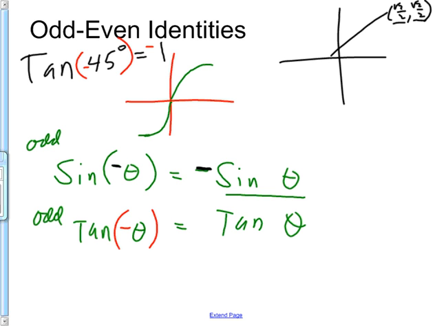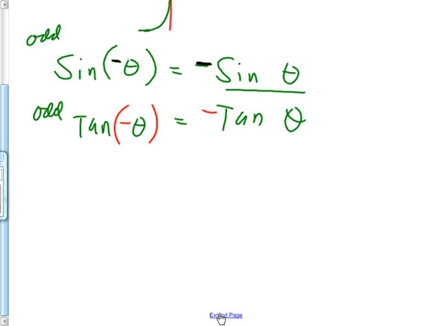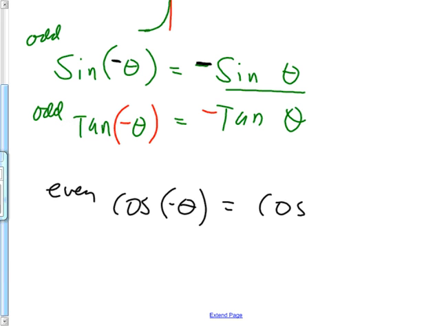But cosine doesn't do the same thing. If I stick in a negative here, there'd be a negative there. Cosine is different. It has to have its own way. It's an even function. Think about cosine of some negative angle compared to what it used to be. It can't act the same way as the odd one and have the negative go here, because then it's not different.